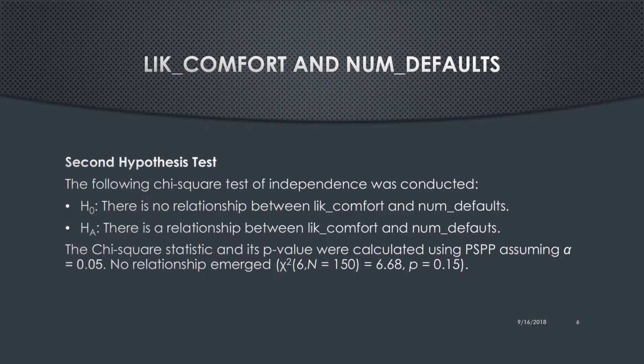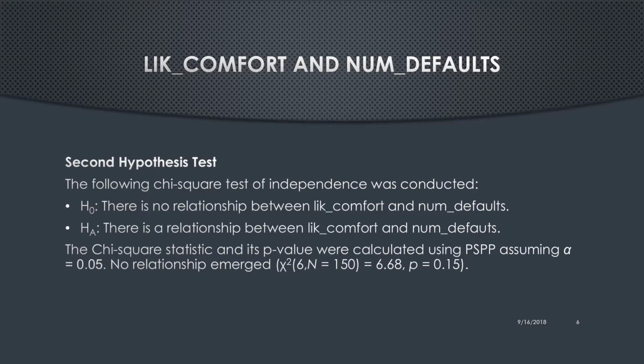A second hypothesis test. The following chi-square test of independence was conducted for light, comfort, and number of defaults. Our null hypothesis states there is a relationship between light, comfort, and number of defaults. Our alternative hypothesis states there is a relationship between light, comfort, and number of defaults.